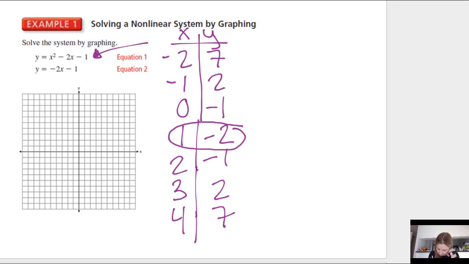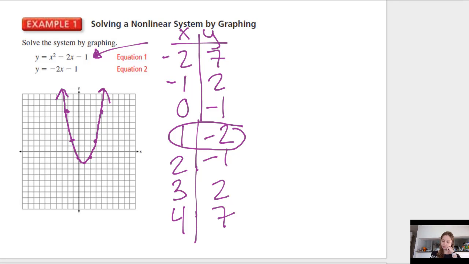So -2, 3, -1, 2. I can speed up my graphing by remembering the axis of symmetry, then I can plot points on either side of the axis of symmetry.